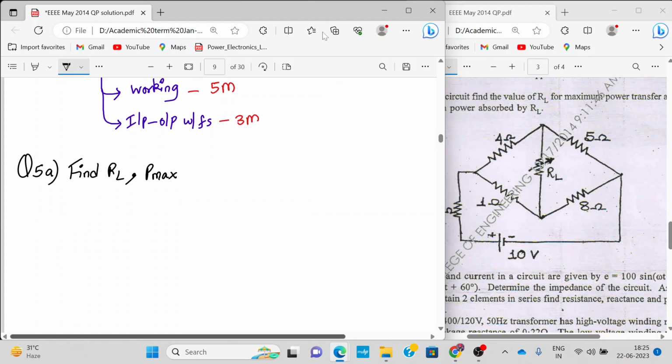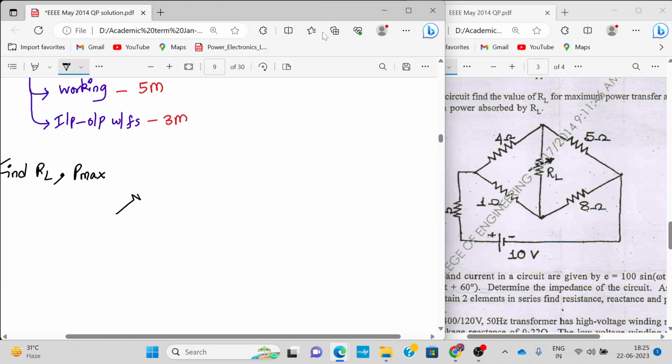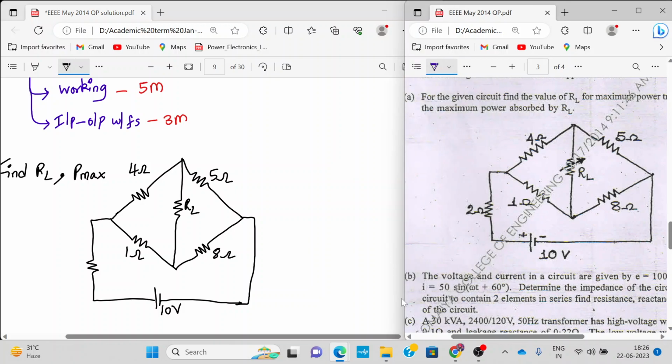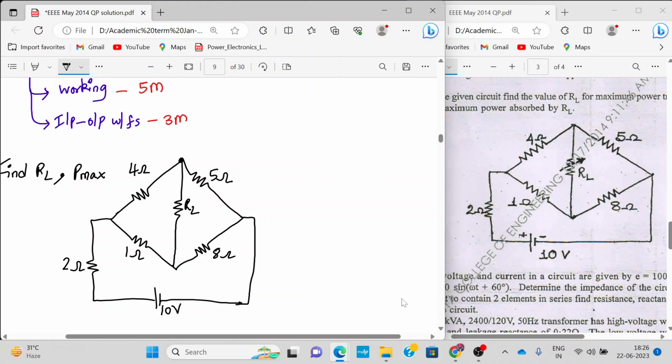So let's be a little quick in this. 4 ohms, 5 ohms, 8 ohms, 1 ohm, and this is the numerical given to you, 10 volt, and 2 ohms. This we can call A and B.